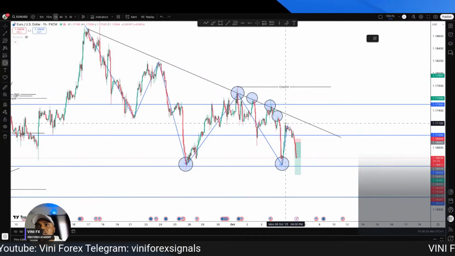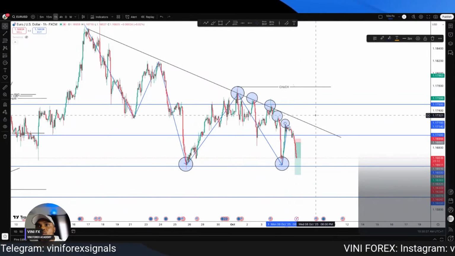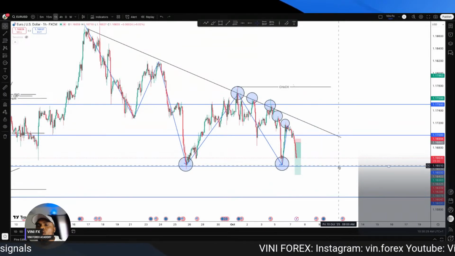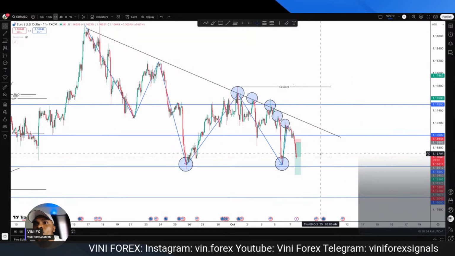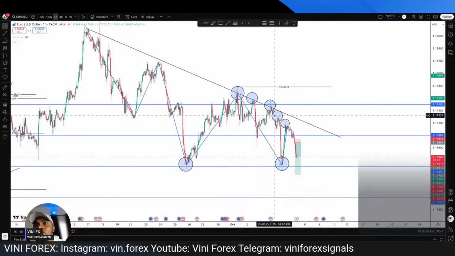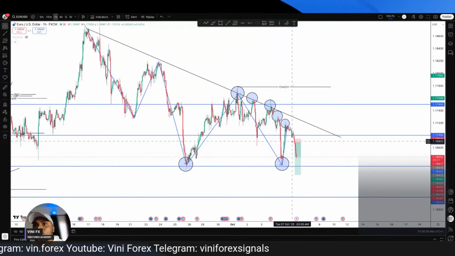All of these highs are lower highs. None of them goes higher than the previous high. They are all lower highs. So the market is giving you all of this, and then it's selling.